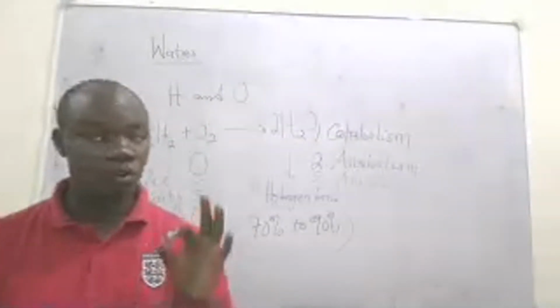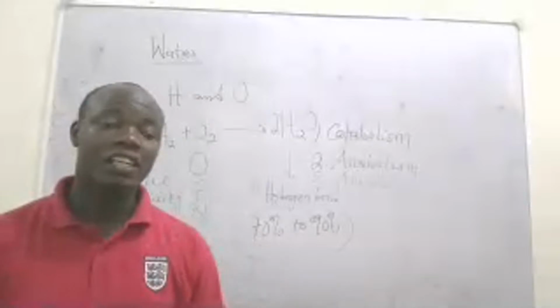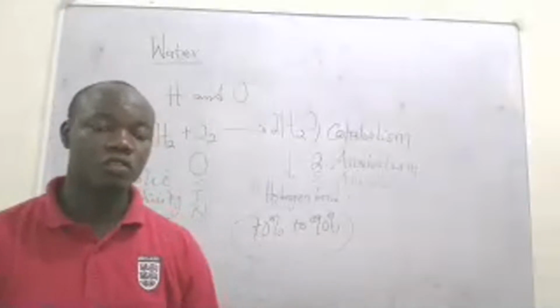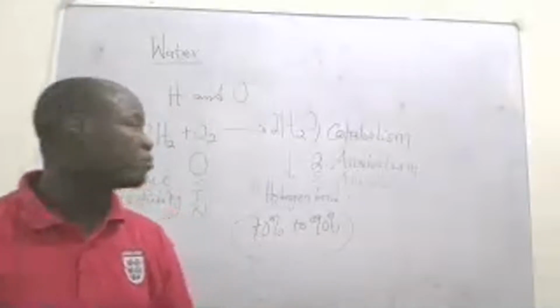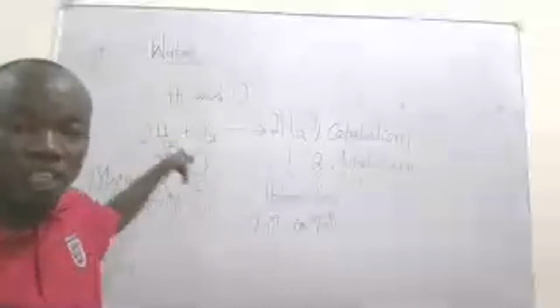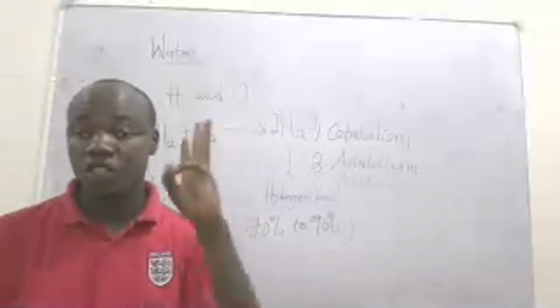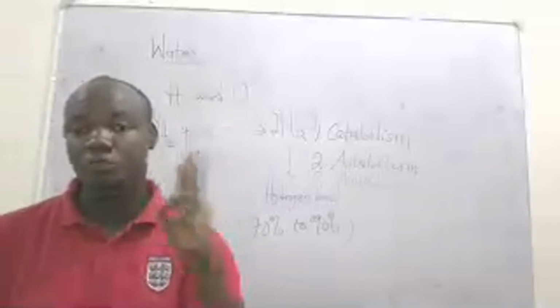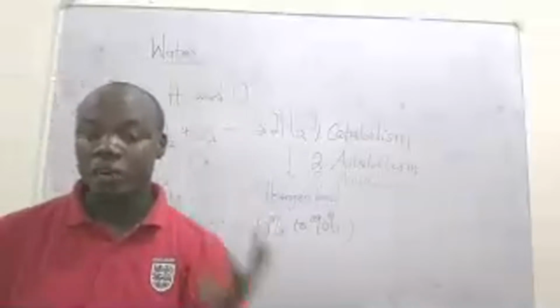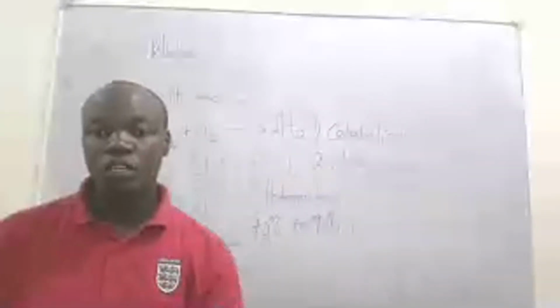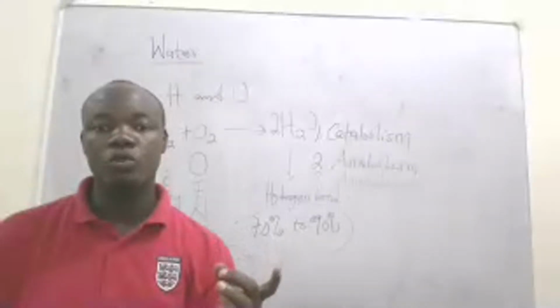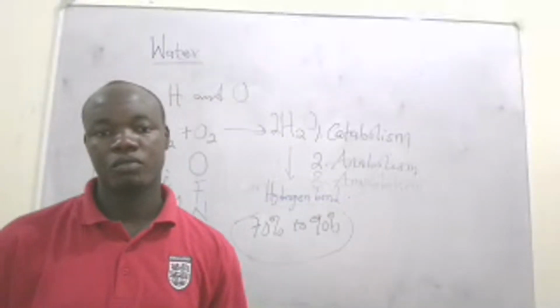The sum total of all these biochemical or biological reactions is what we call metabolism. And this metabolism is divided into three types: catabolism, amphibolism, and anabolism.